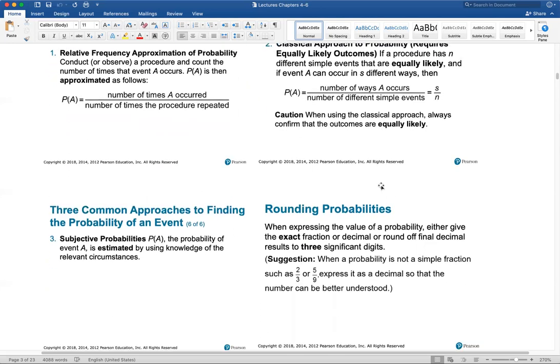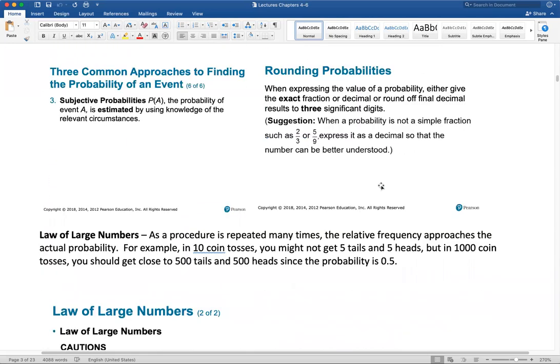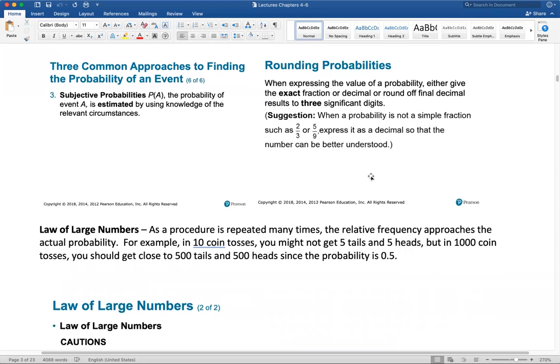Now, rounding probability. When expressing the value of a probability, either give the exact fraction or decimal, or round off the final decimal result to 3 significant digits. When a probability is not a simple fraction such as 2/3 or 5/9, express it as a decimal so that the number can be better understood, up to 3 decimal places.